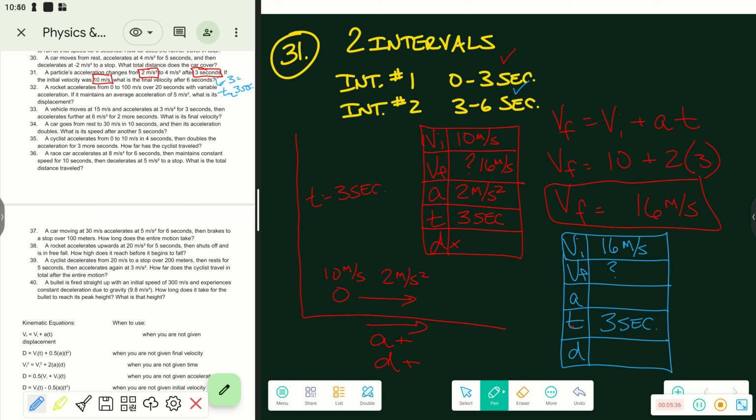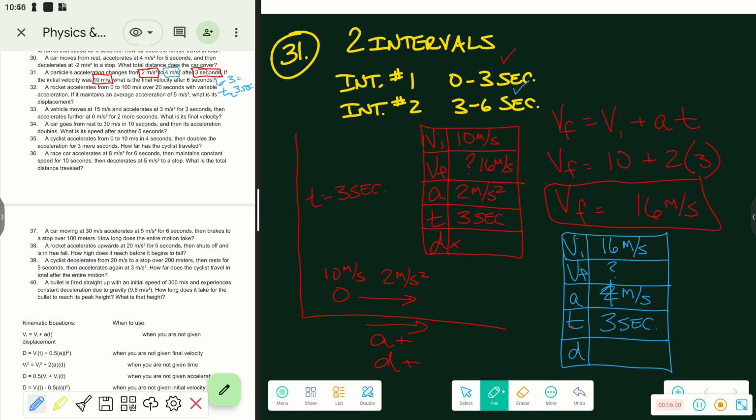Do we have acceleration? What is it? 2. No, I'm sorry, 4 meters per second. It's 4 meters per second, because it's what you ended with. So it's 4 meters per second squared.